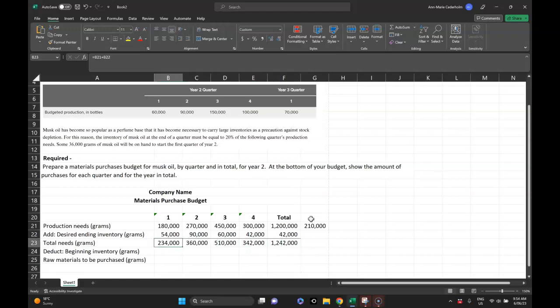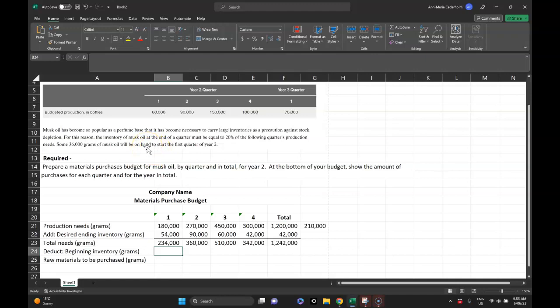So now I'm going to need to deduct beginning inventory. So last quarter's ending inventory is going to be this quarter's beginning inventory. So it said here, in this sentence right here, some 36,000 grams of musk oil will be on hand to start the first quarter of year 2.